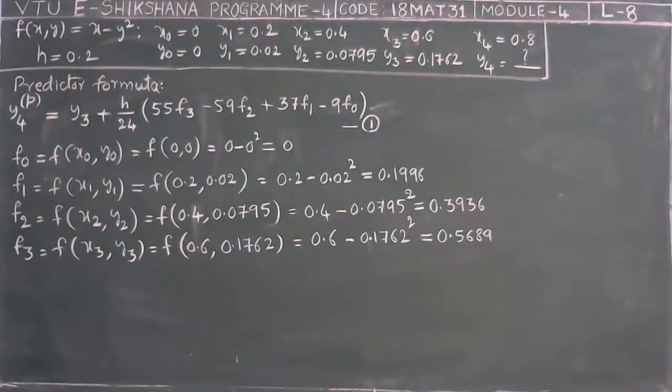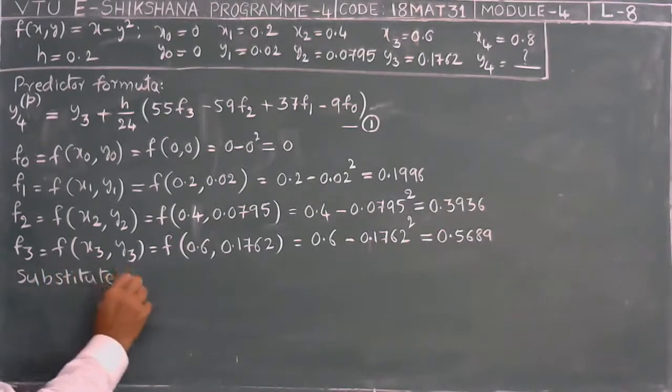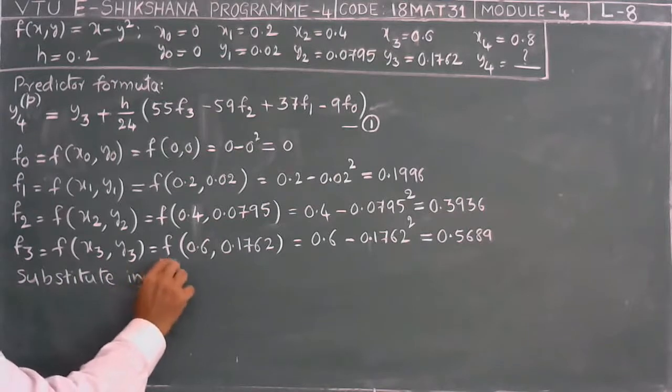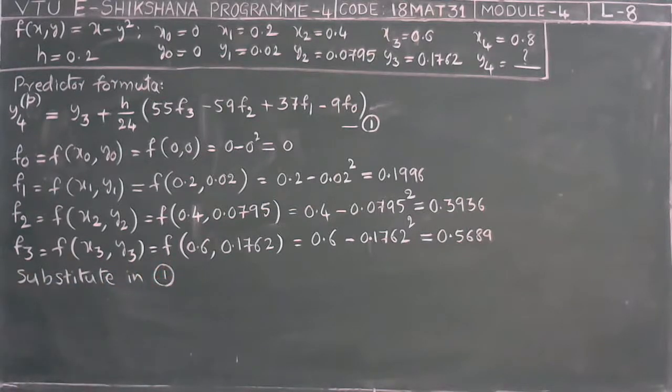Now let us substitute the values of F0, F1, F2, F3 in 1. So what do we get? Y4P is equal to Y3.